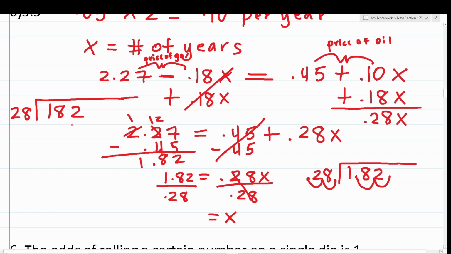So I know 28 goes into 182 about 6 times, and I'm going to work that off to the side to see how close it gets. 28 times 6. 8 times 6 is 48, so drop down an 8, carry a 4. 2 times 6 is 12, 13, 14, 15, 16. So this is 168.